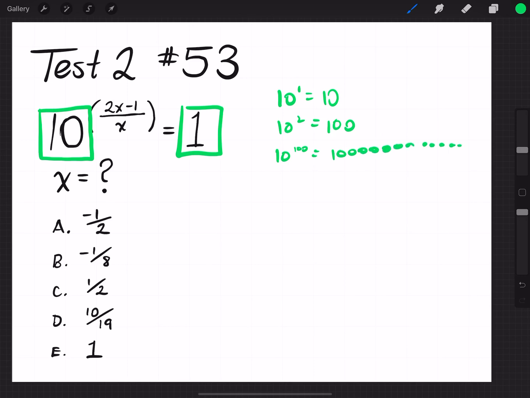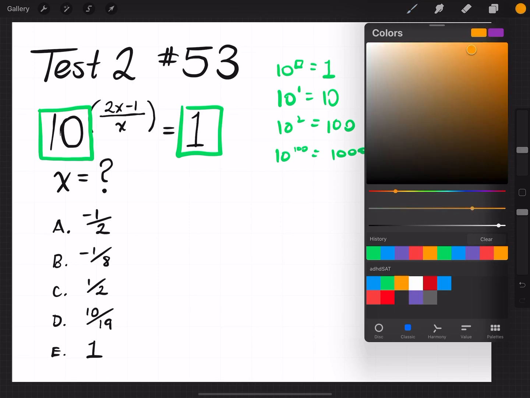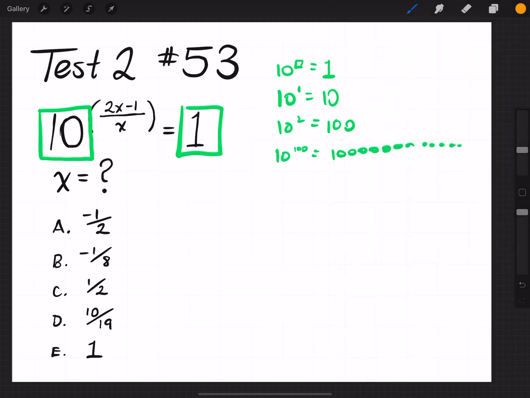But how would you get 10 to what power equals 1? Well, it turns out that there's this law in algebra, or even arithmetic, that anything to the power of 0 equals 1.